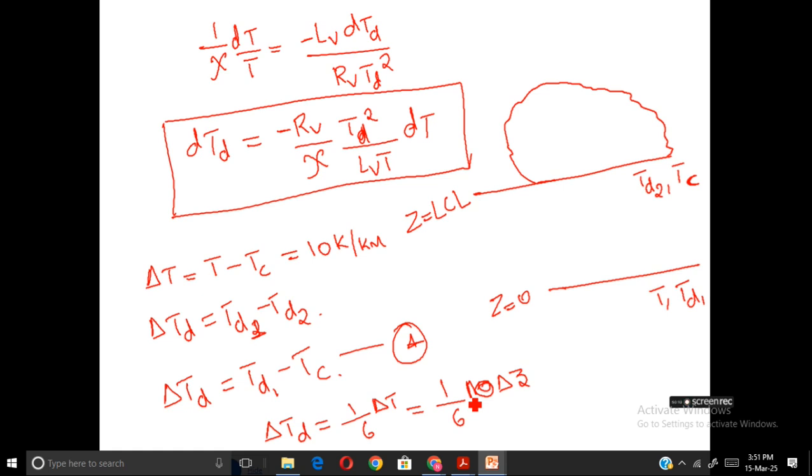It is basically the lapse rate value, 9.8 Kelvin per kilometer, approximately 10 Kelvin per kilometer. So 1 by 6 into 10 into delta Z will be delta Td.